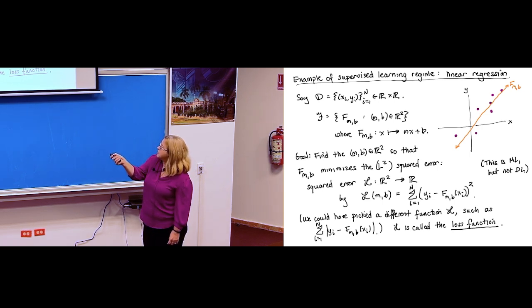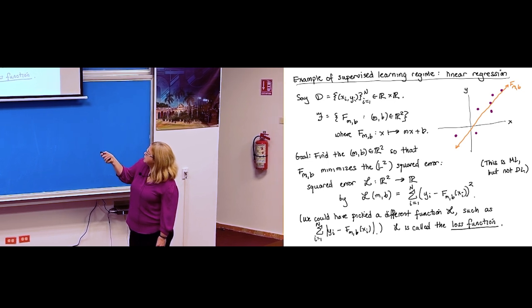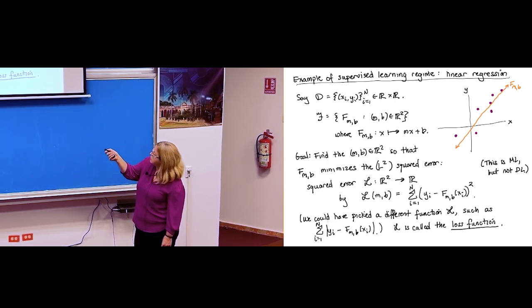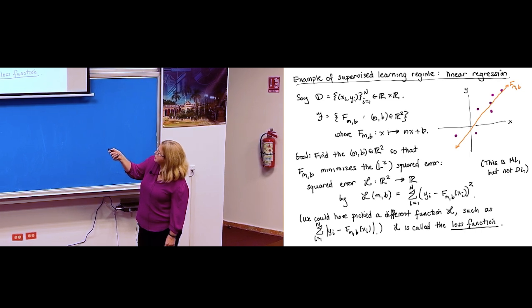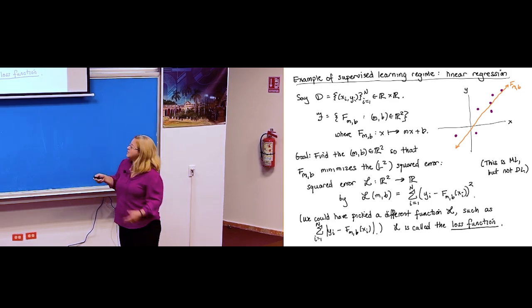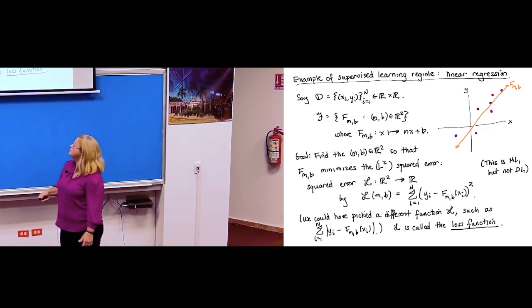And so what it does is it takes a parameter, M and B, and then you look at the function that corresponds to that M and B. And so you compute for each of your data points the difference between the correct label, the correct output, and what your function predicts. Square it and take the sum. So this is the L2 norm of the error function.